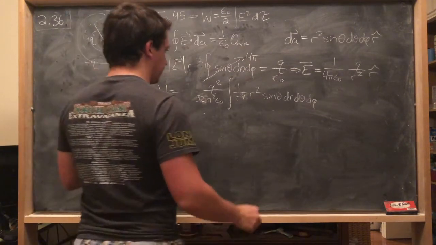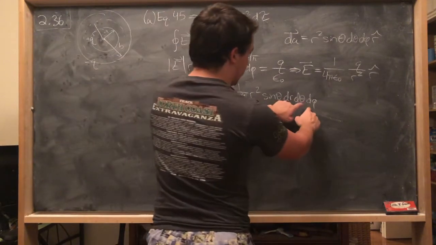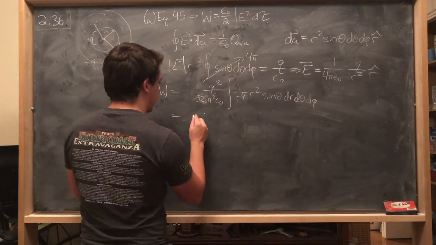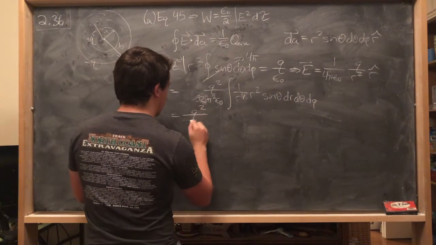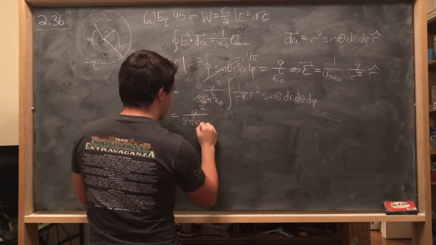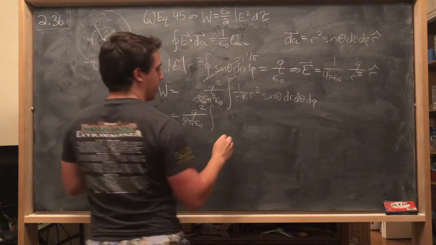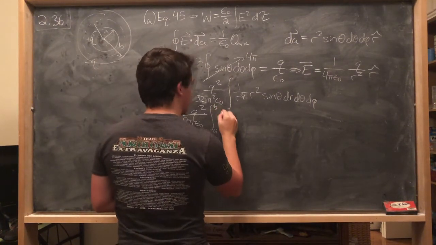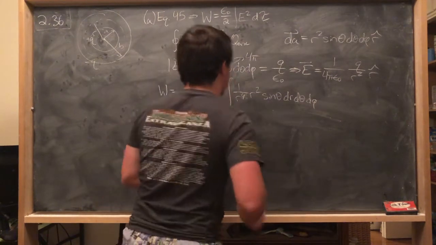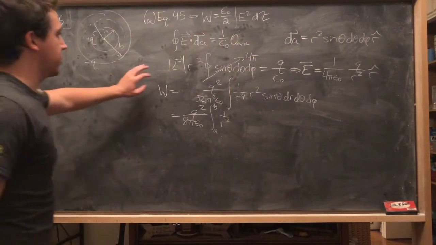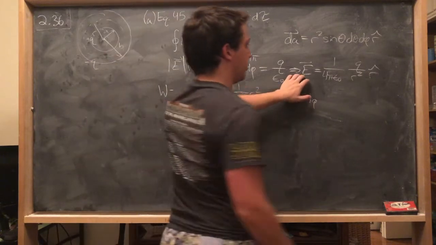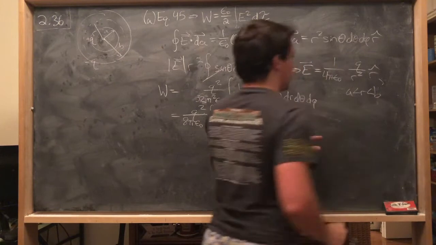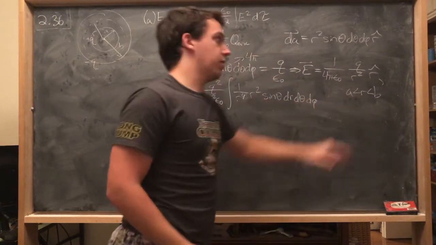And so then, knowing that our d theta d phi terms will just integrate to 4 pi, we can write this as Q squared over 8 pi epsilon naught, integral from A to B of 1 over r squared, because as we recall, this equation for the electric field is only valid for A less than R less than B, and the electric field is 0 elsewhere.